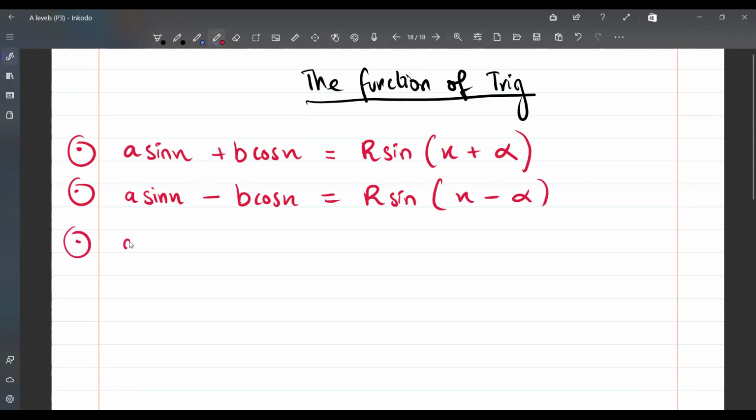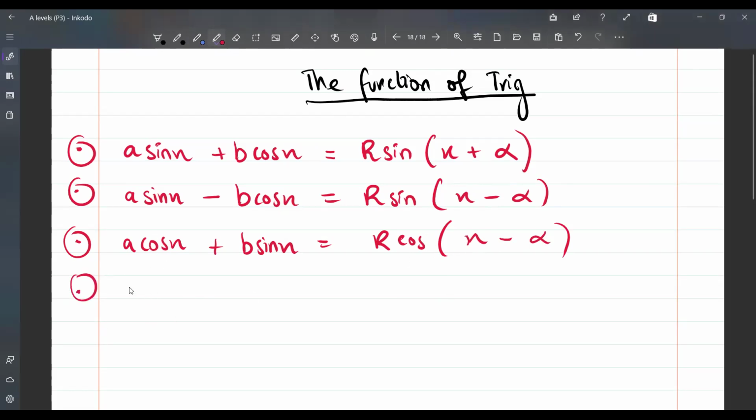Similarly, a cos x plus b sin x is r cos(x minus alpha), right?